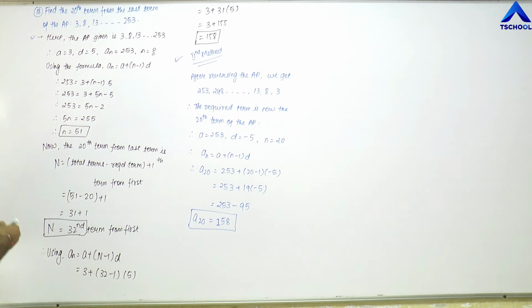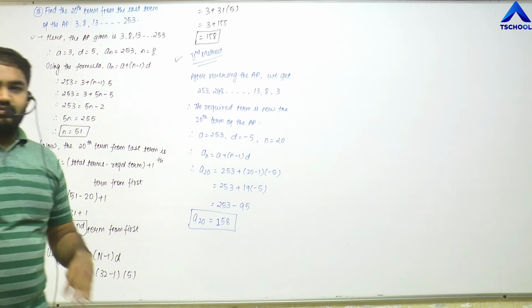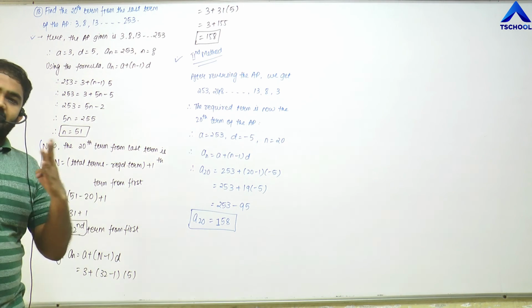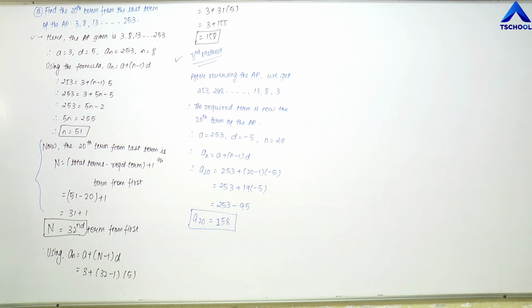But you need to understand this much, how to convert the last term to the first term, and here you need to simply reverse the order of the AP and then simply find out using the formula AN equal to A plus N minus 1 into D. Is it clear, friends?